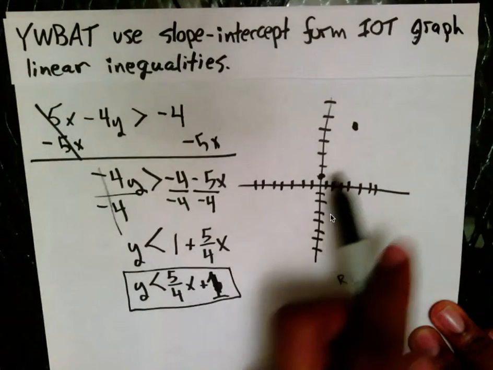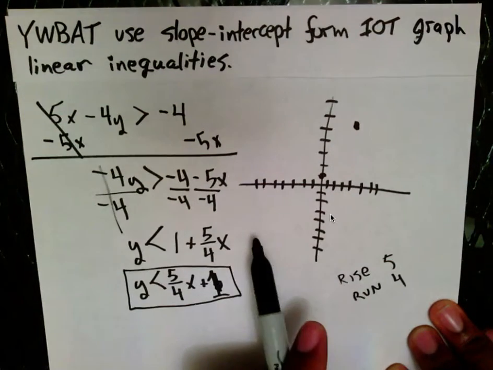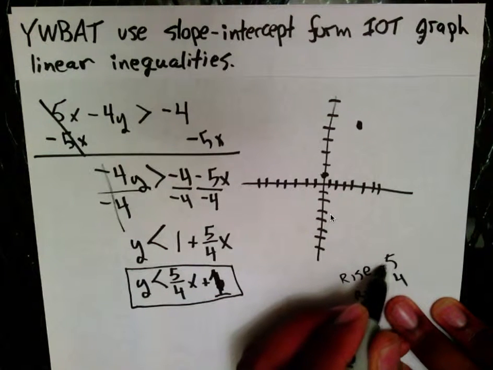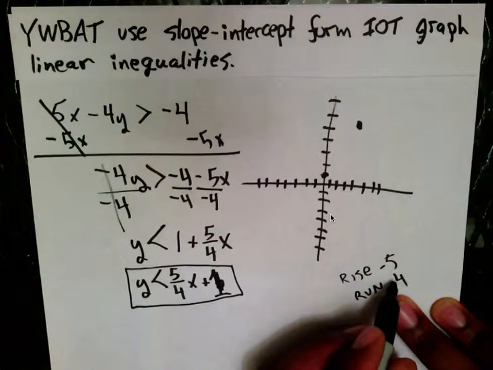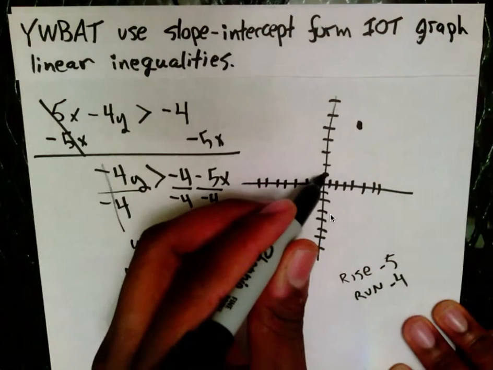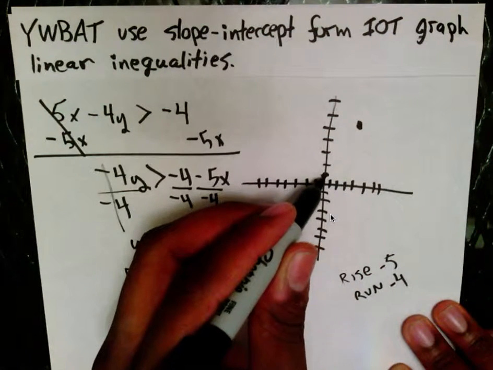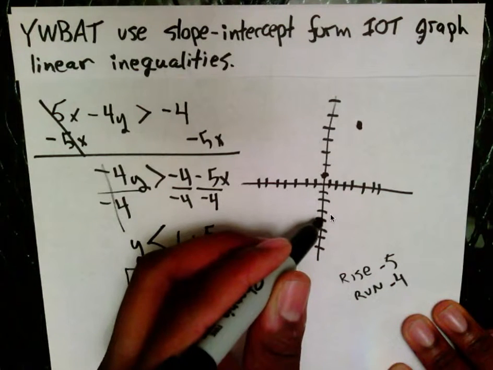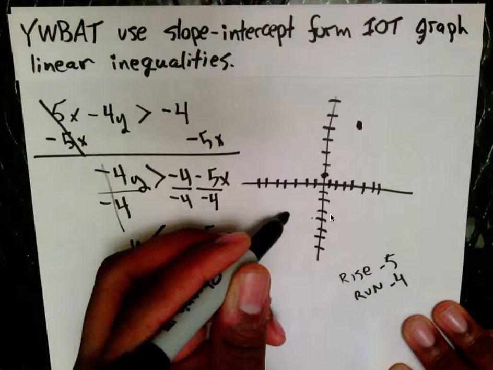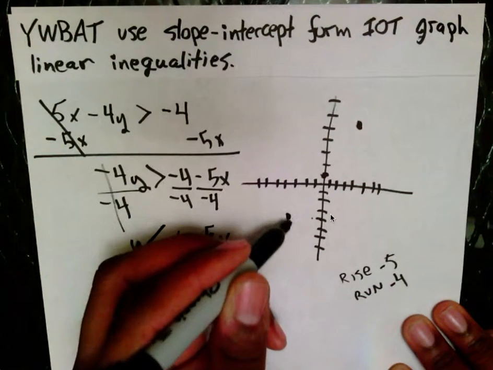But what if I wanted to draw a point going backwards? Well, I can just flip both. So I go down 5 and to the left 4, starting here. So let's go down 1, 2, 3, 4, 5, and then 4 to the left, 1, 2, 3, 4, and draw a point there.